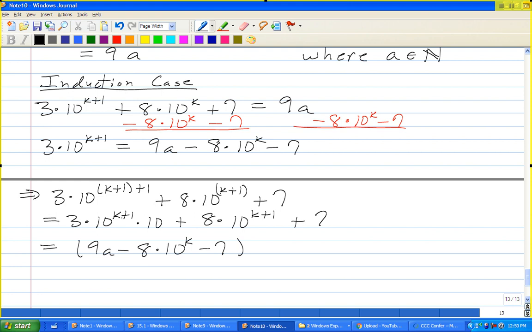And well, what I have remaining is, so I replace this first part by that, but I still have a 10 here. So let's multiply by 10 plus 8 times 10^(k+1) plus 7. So let's multiply the 10 inside the parentheses.